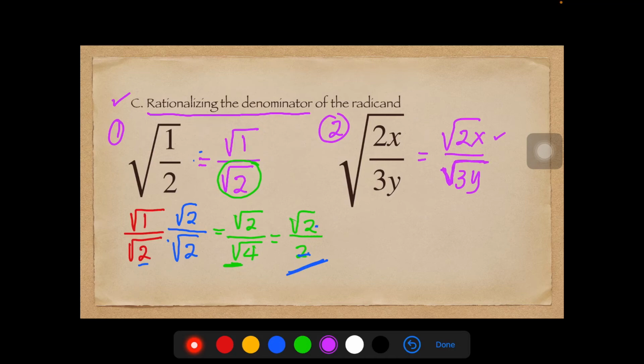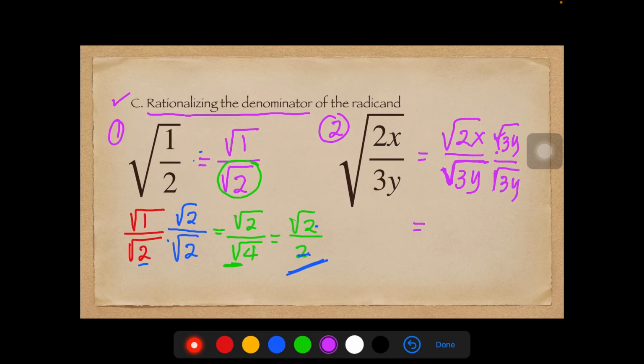So think again of a number or an expression that can be multiplied to 3y so that it will become a perfect square. What are we going to multiply? We're going to multiply square root of 3y over square root of 3y, correct?